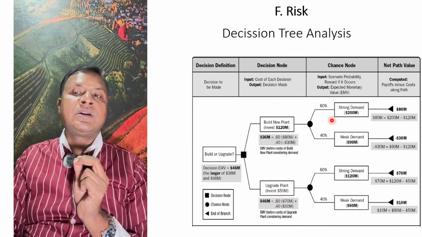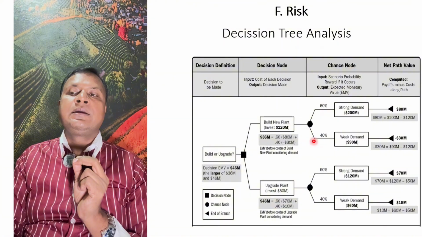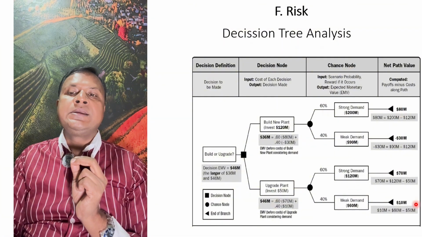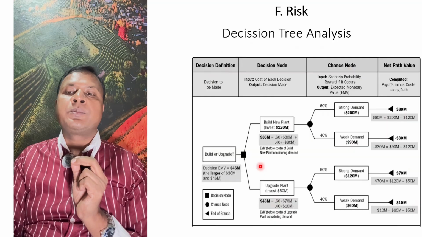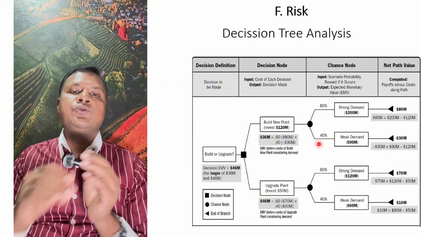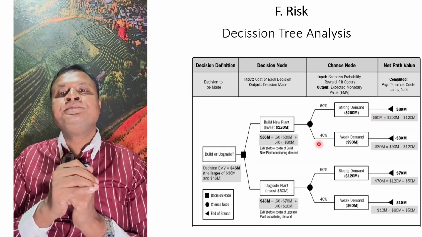That means strong demand 60%, weak demand 40%. Then the cost amount is here. So based on this cost, you can decide which path you will follow, this one or that one. This way you can calculate your risk.